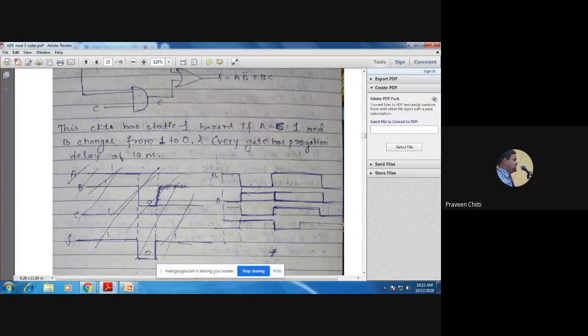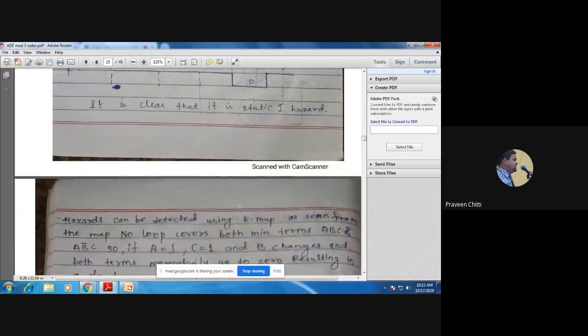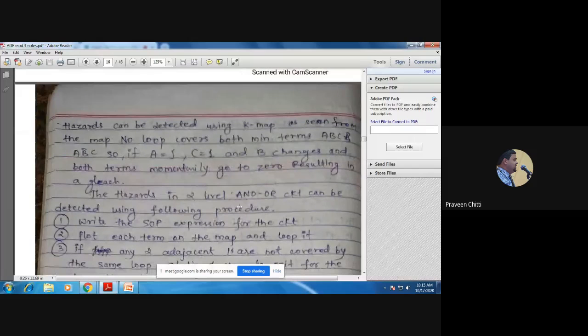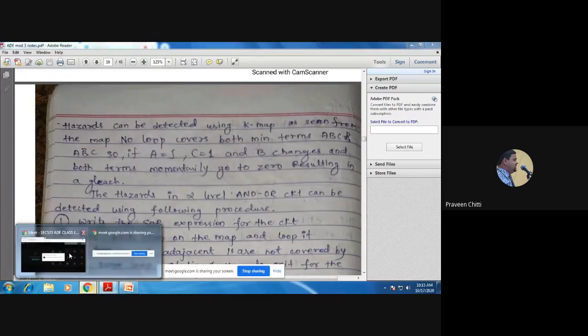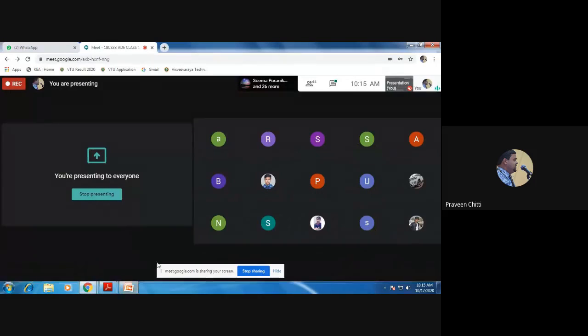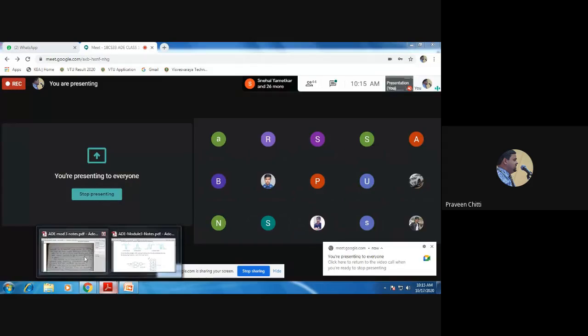Hence the circuit is said to have a static 1 hazard. To eliminate this static 1 hazard, we need to add some additional terms, and those additional terms are called hazard covers.